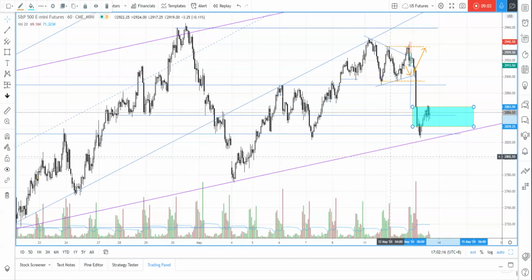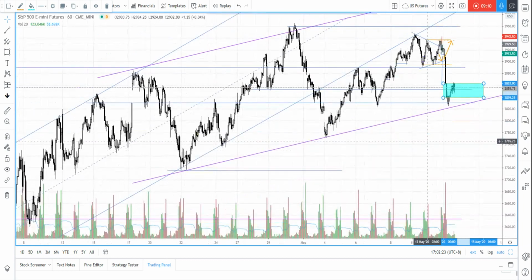If we get a breakdown of 2830, then I think we should see a test of 2775, or if not, then 2715.